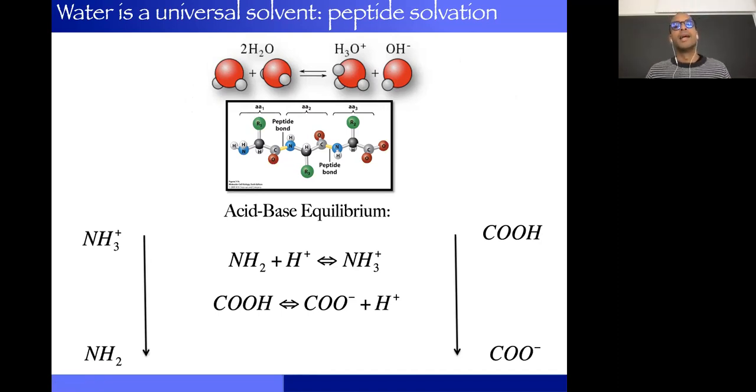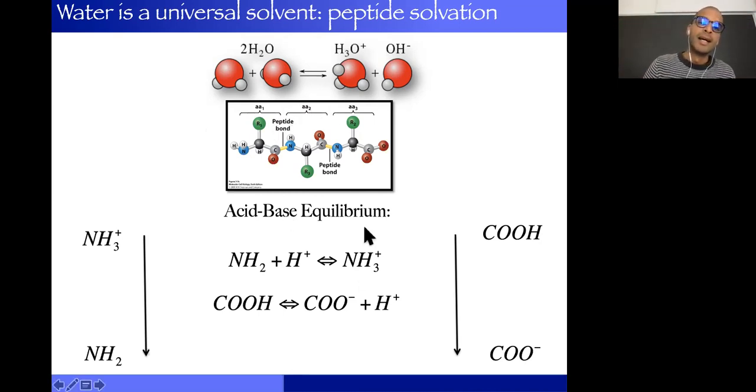And pH has a huge role in biological problems, and one of its main roles is in altering the chemistry of some of the elements of proteins and peptides, and even DNA.